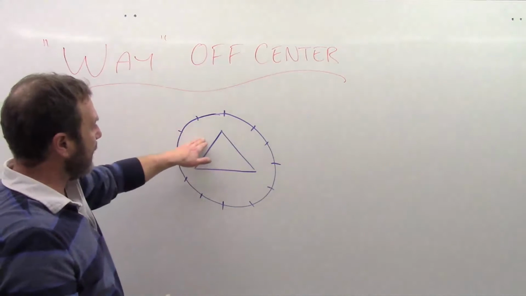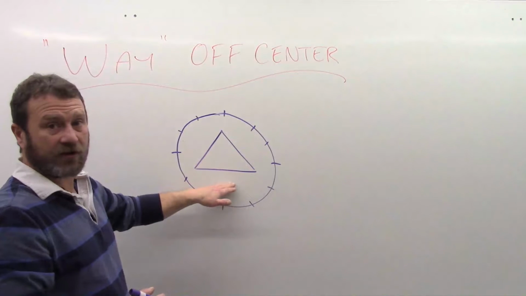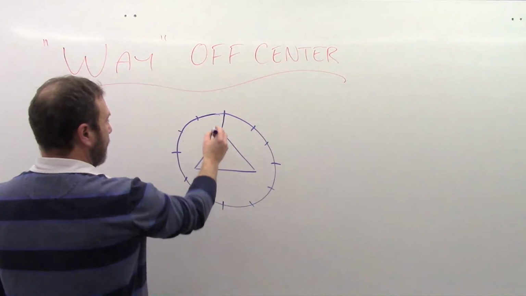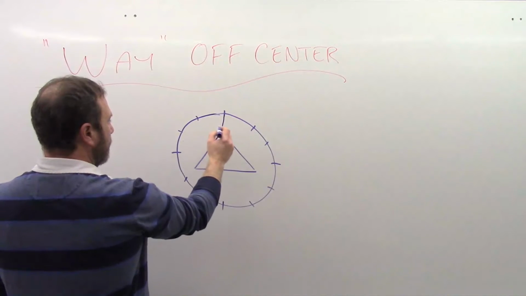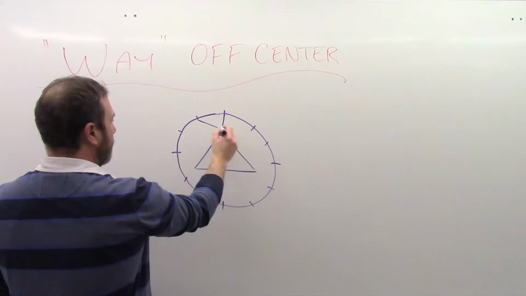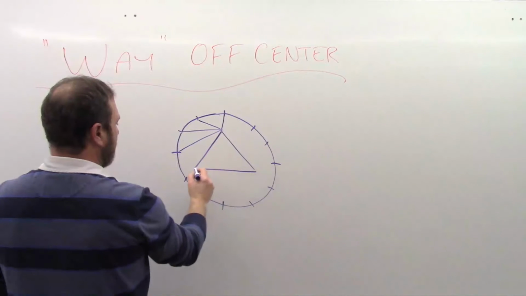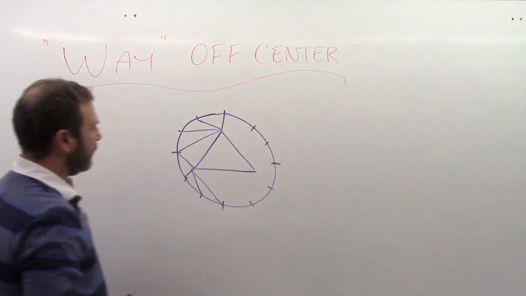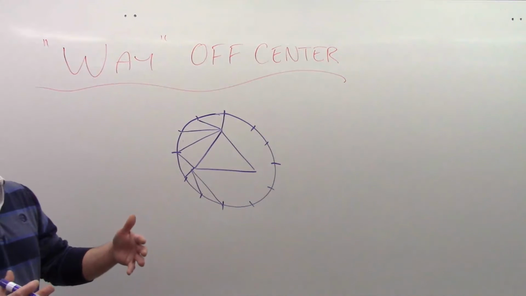And in that case, it may be thirds. So we want to divide our circle into thirds, and we would start connecting things up that way. So these would start going in like that, and connect those through so that they make sense in some way.